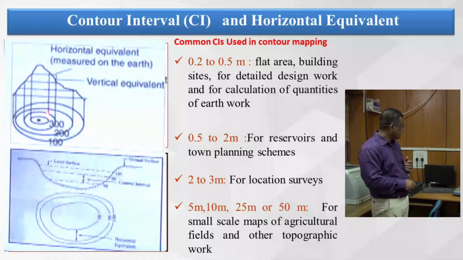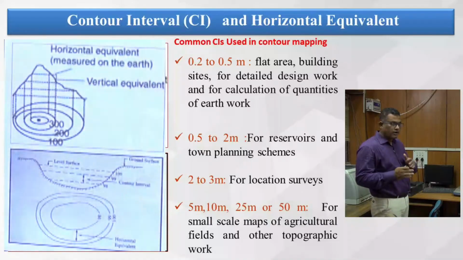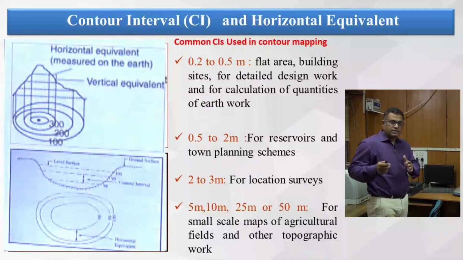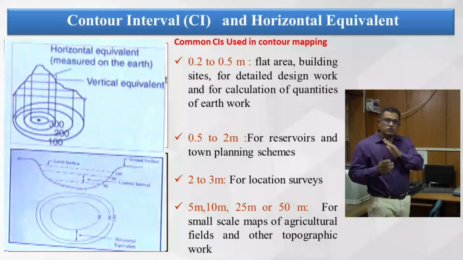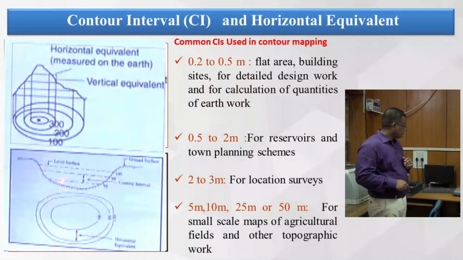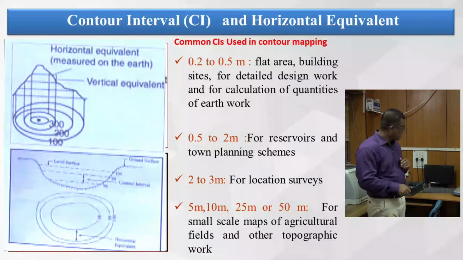Here you see the distance is very small. What it implies is, the steeper the slope, the lesser the distance between two successive contours. The contour of this hill will be represented through these loops with values there.